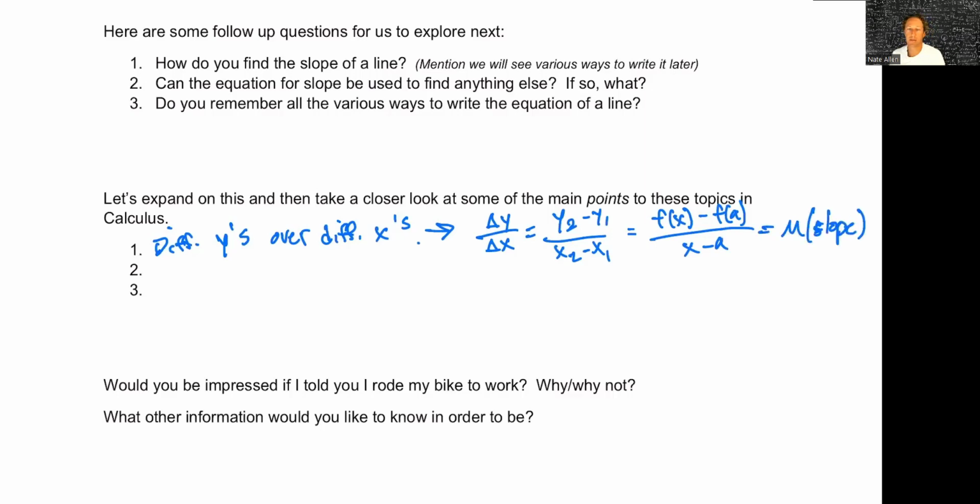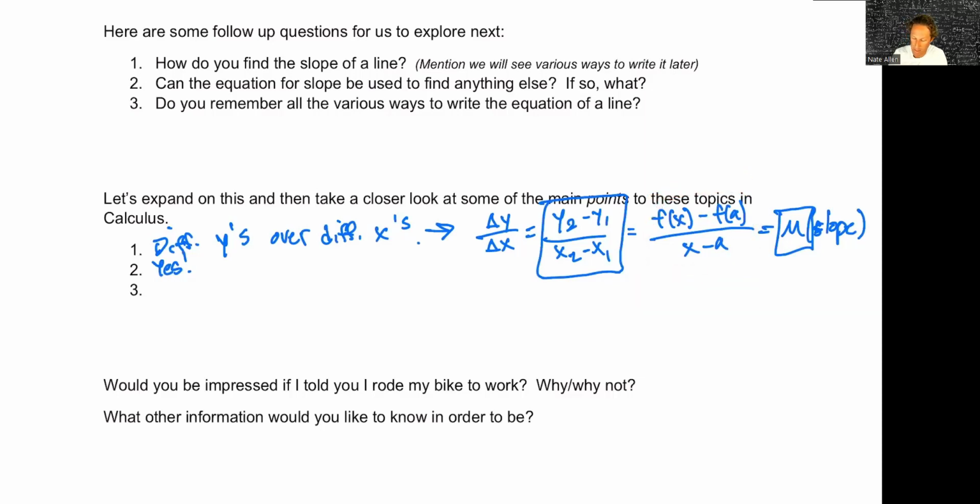Question 2 asks, can it be used to find anything else, and if so, what? Well, hopefully you remember that this is typically the one that we use for slope, and there is an alternative version that we will use as an adaptation to come up with a few different types, as we mentioned here, and then we'll add some on a little bit later.